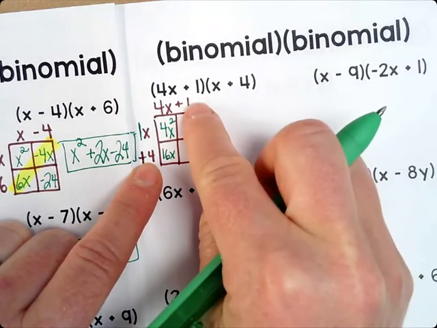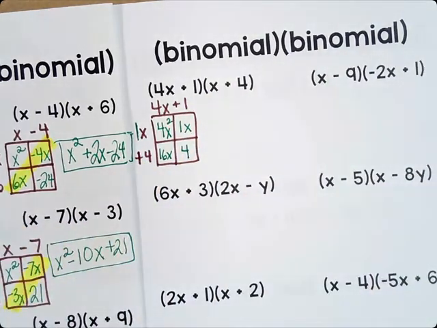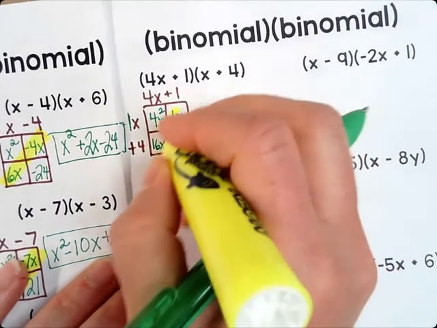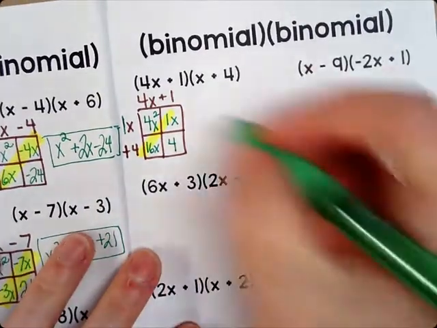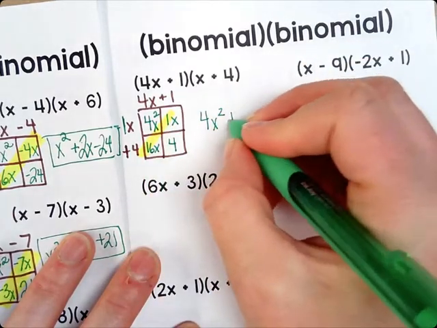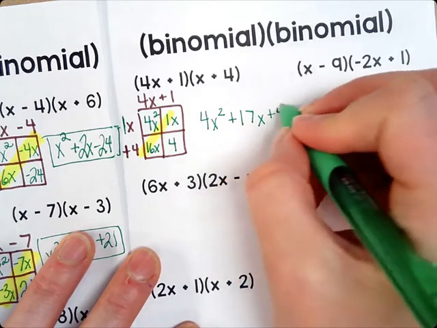Then 4 times 1? 4. Okay, and we can combine these. 4x squared, 1x and 16x, 17x, and then plus 4.